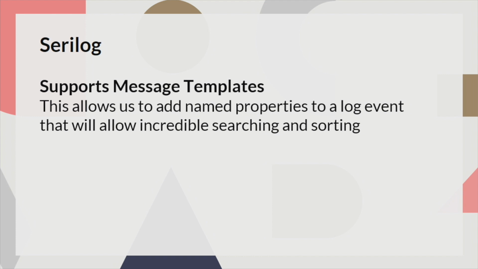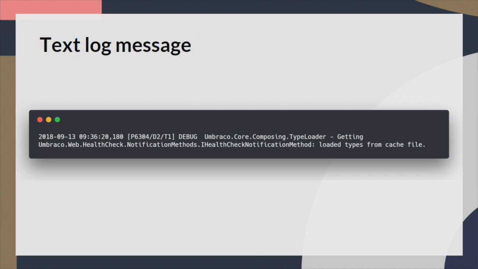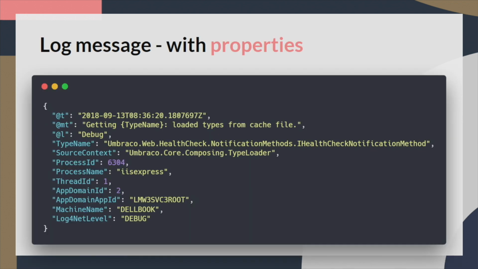So this is an old example with Log4Net that produces a text string. Like I said, there's no easy way to see any patterns unless you do magic with regular expressions. But here is a JSON representation of a log in Serilog. You can see we get a hell of a lot more information. I'm going to have to get closer because I'm blind. We have the timestamp.